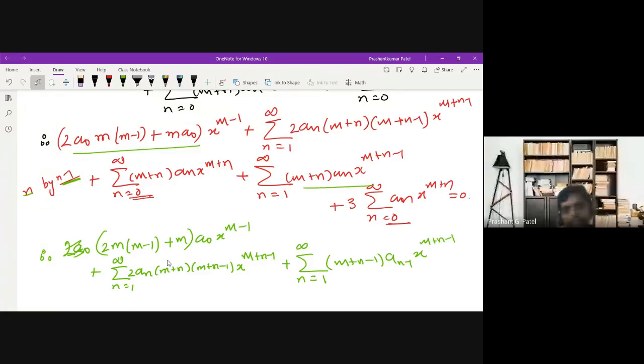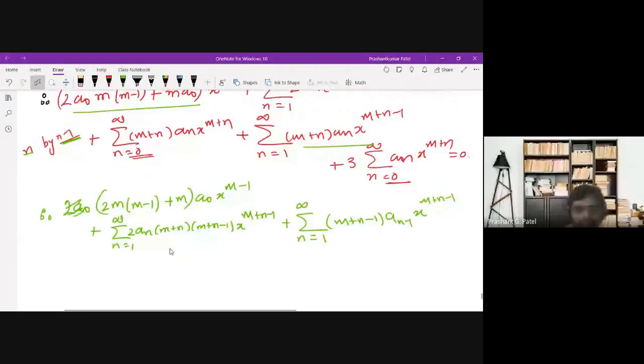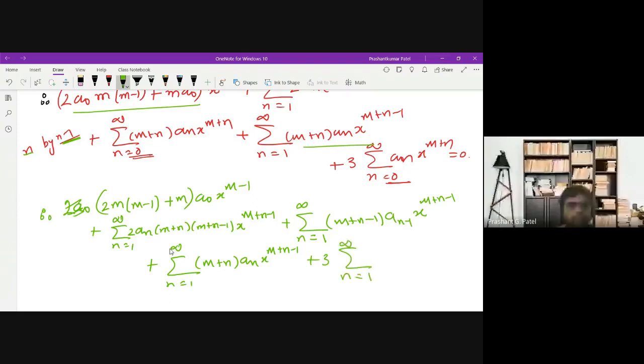Here it is as it is. The third term is as it is. So plus summation n running from 1 to infinity, m plus 1, a n x raised to m plus n minus 1. In the third also, I am doing the same thing, replacing n by n minus 1. So it is plus 3 summation n running from 1 to infinity, a n minus 1 x raised to m plus n minus 1 equal to 0.